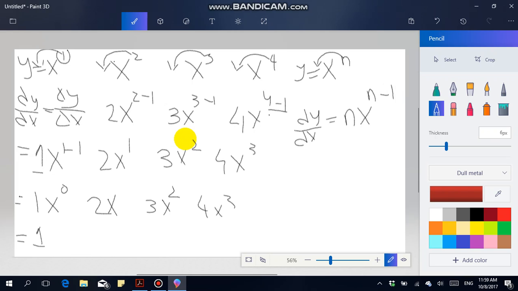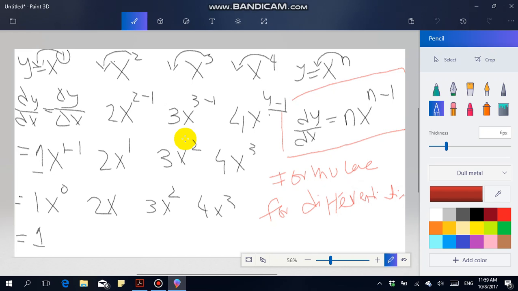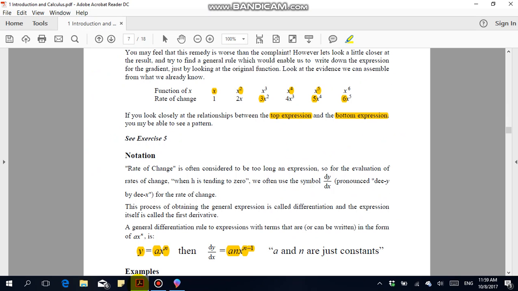And so this is your formula for differentiation. This is your formula for differentiation, and this is something you have to memorize by heart. There's no science behind it. You need to memorize this, and this is exactly what is happening in that sheet of yours over there.